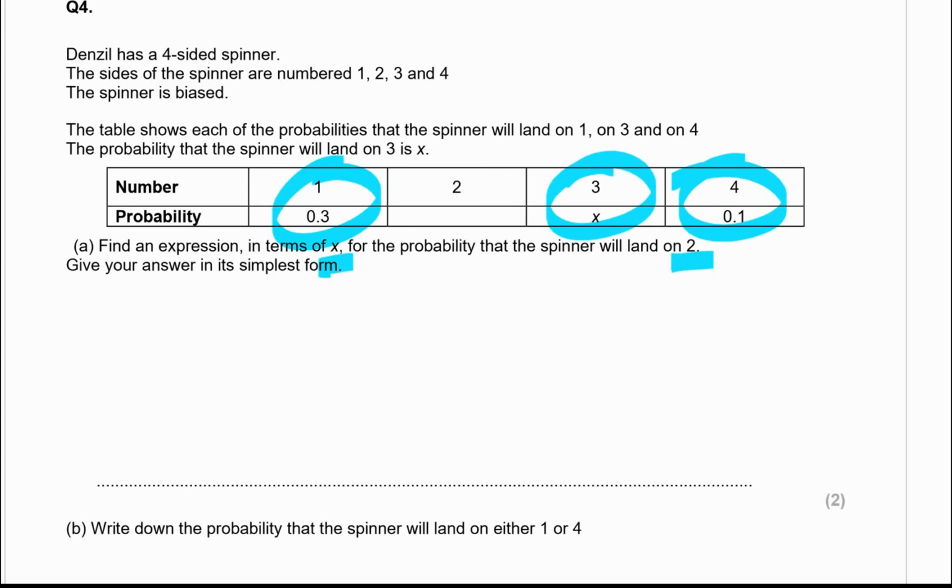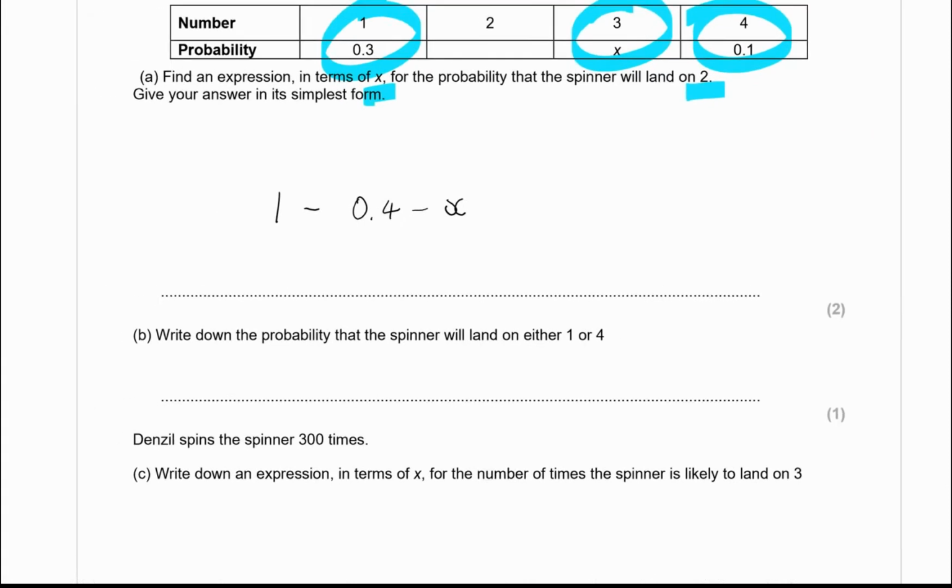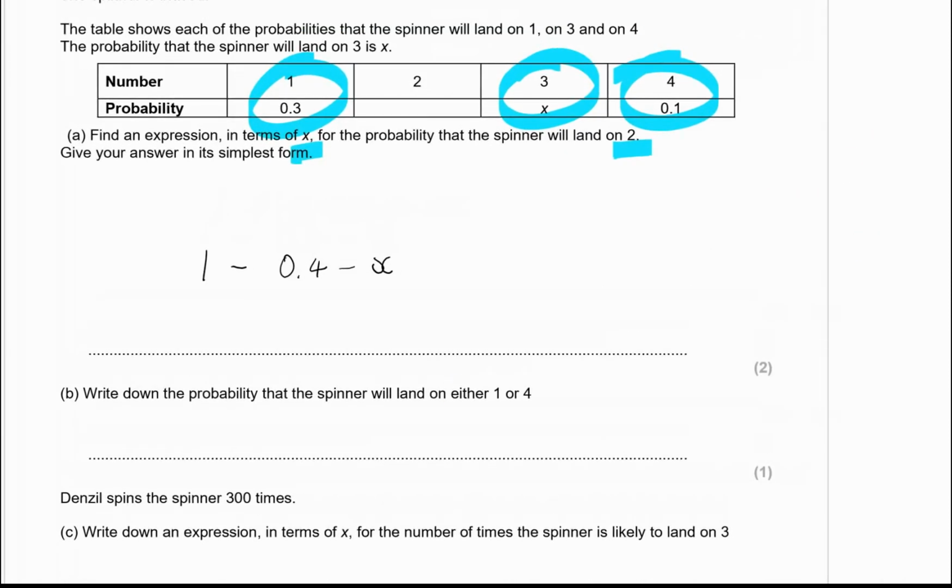We know probabilities always add up to 1, as I keep saying, so the probability of getting a 2 will be 1 take away all these probabilities added together. So 1 take away 0.4 take away x. The odds of landing on a 1 or a 4, these two numbers, will be 0.4.